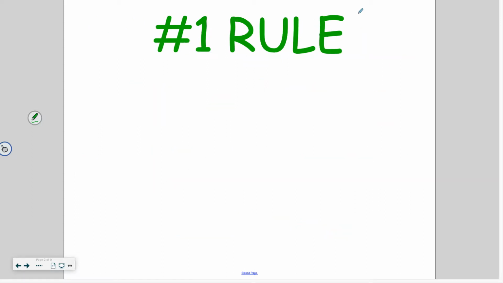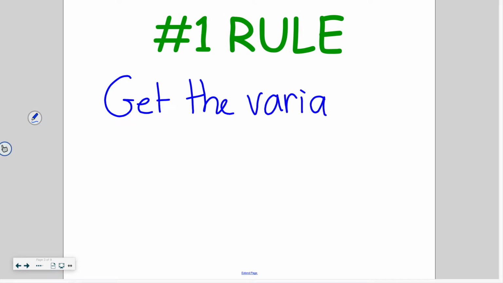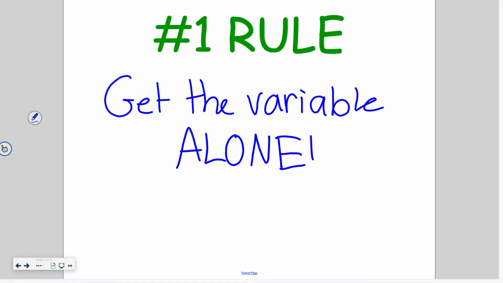When we are solving equations, there is one key goal that is going to be consistent no matter what type of equation we have. That goal is to get the variable alone.